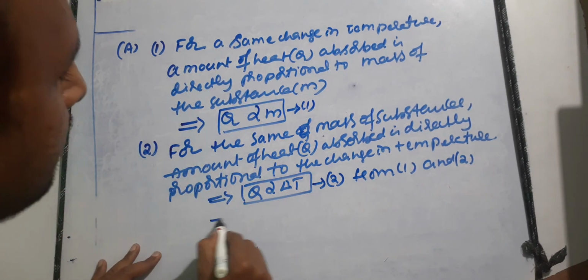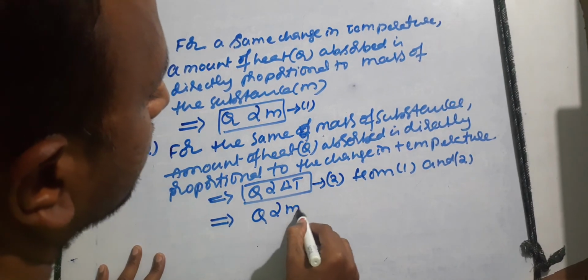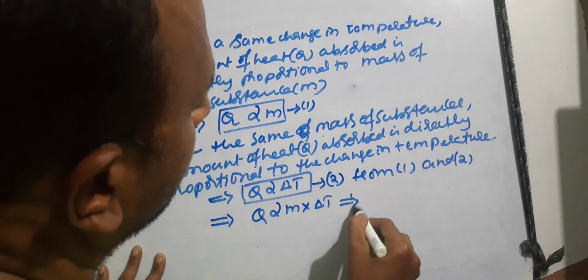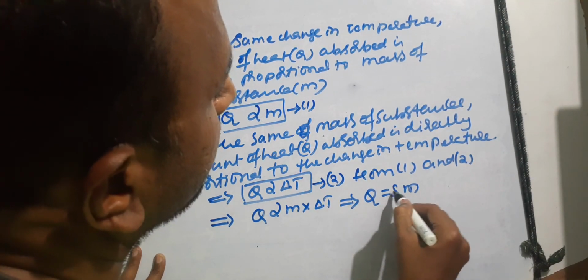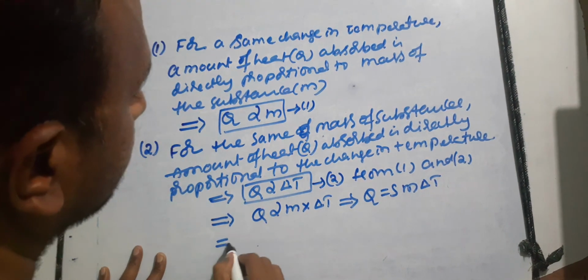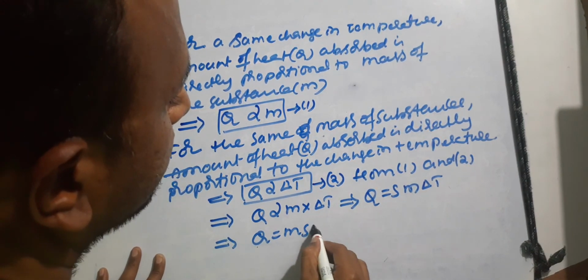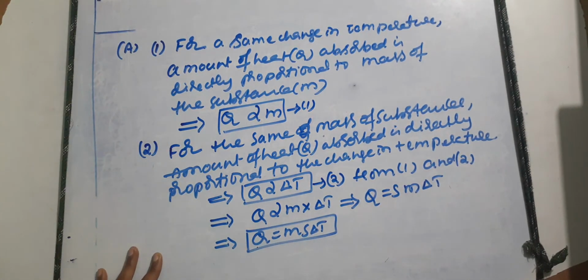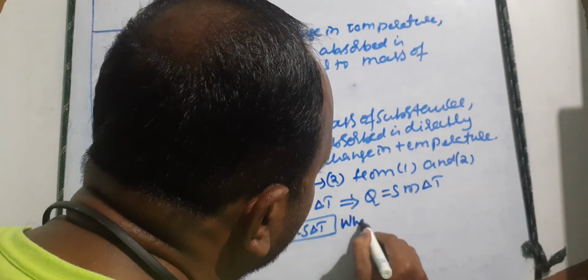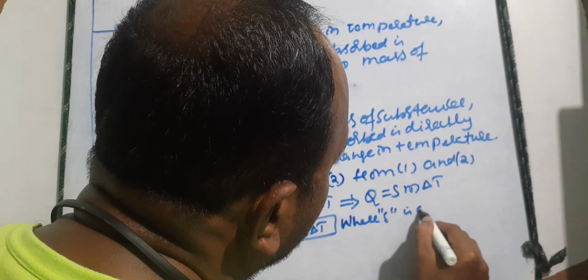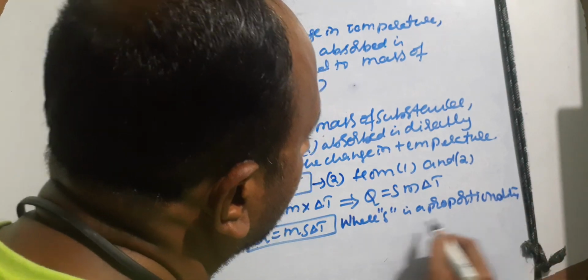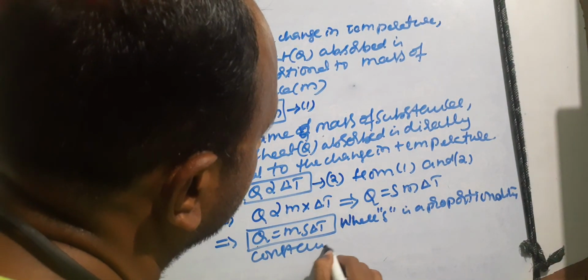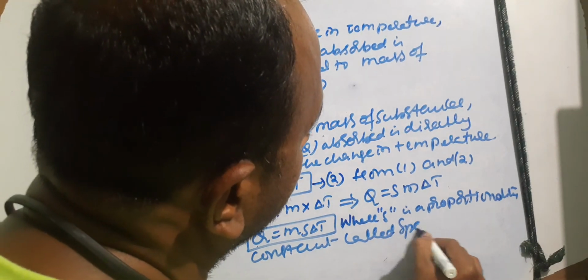From equations 1 and 2, we can write Q is directly proportional to M into delta T. Eliminating the proportionality symbol, we write a constant with an equal sign: Q equals M S delta T, where S is a proportionality constant called specific heat.